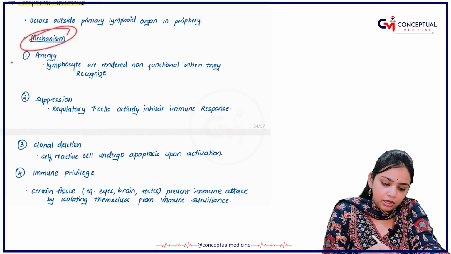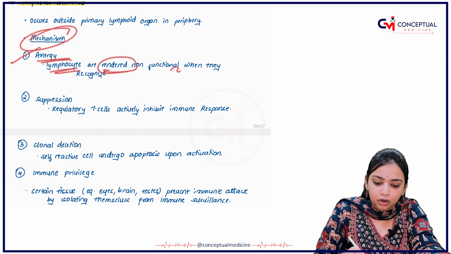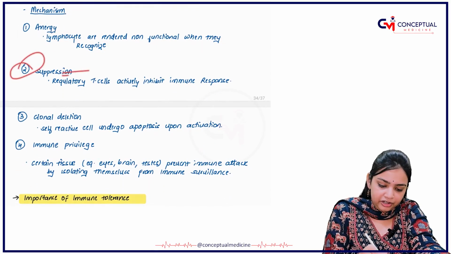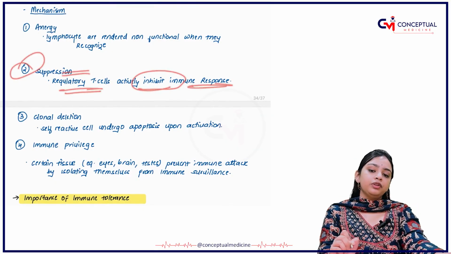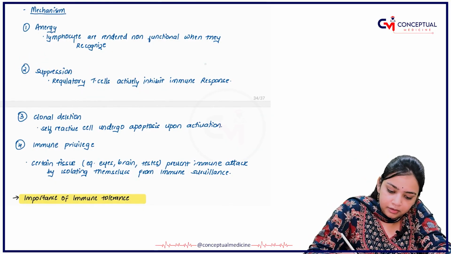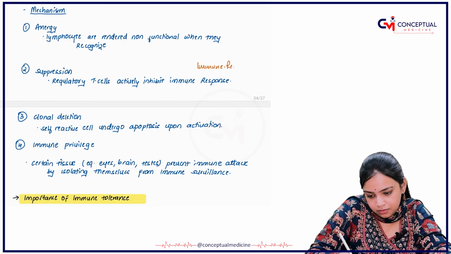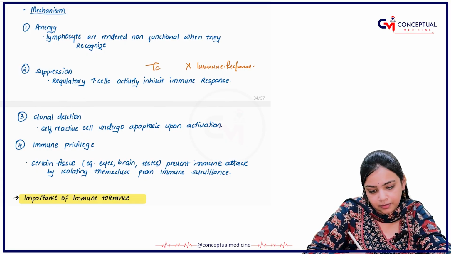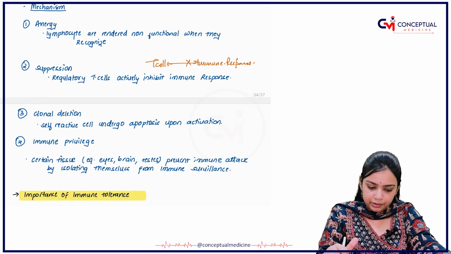The first mechanism you have is anergy. The lymphocytes are basically rendered non-functional when they recognize the antigen, okay? Then there is suppression. The regulatory T cells actively inhibit the immune response.